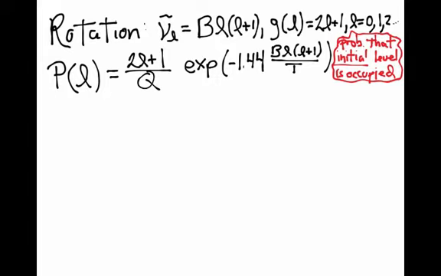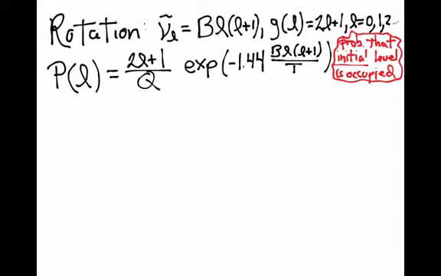Imagine I'm interested in the quantum number 100, and the B value is something like 10. Well, 100 times 101 is about 10 to the 4, times 10 is 100,000, so 101,000 wave numbers would be the energy level of that state. At any reasonable temperature, the probability of it being occupied is 0.